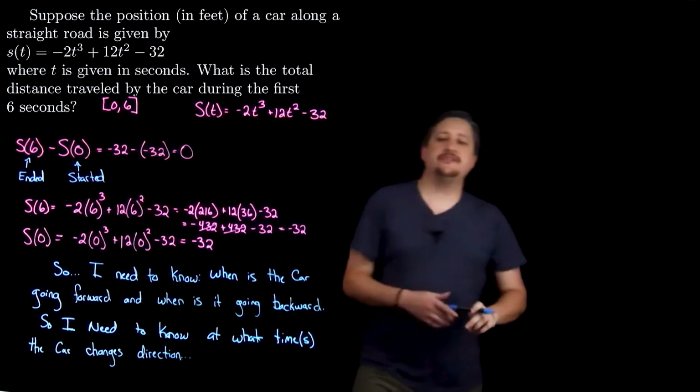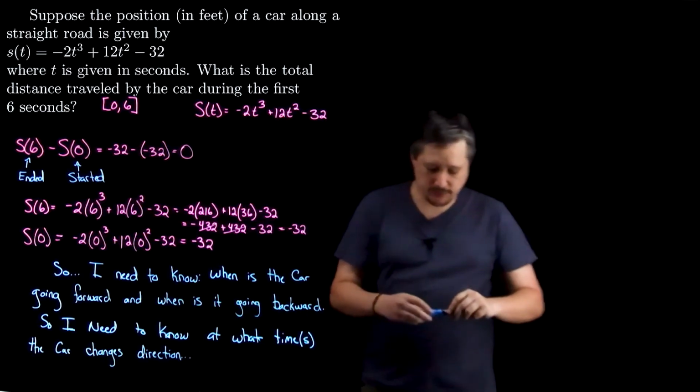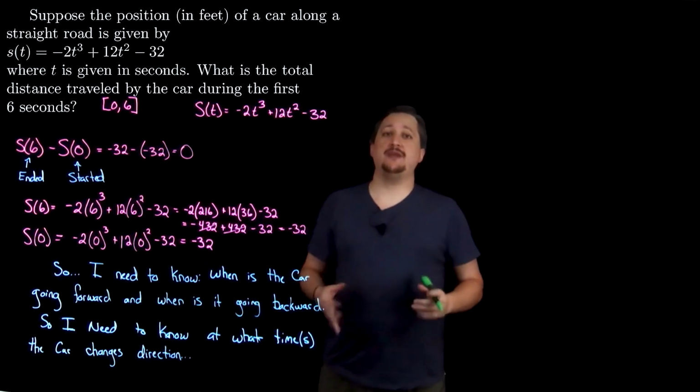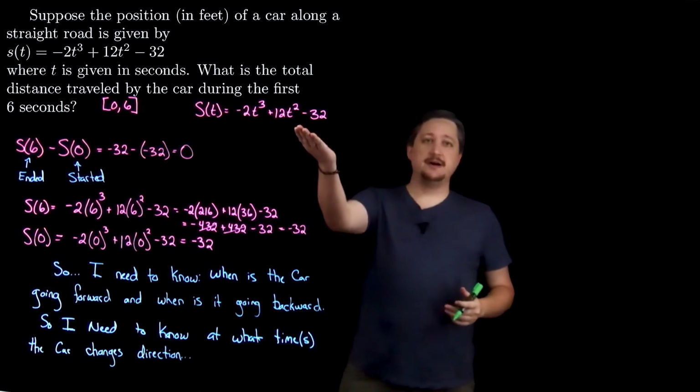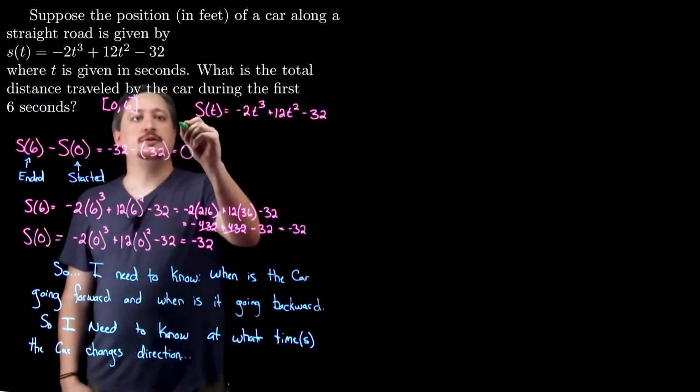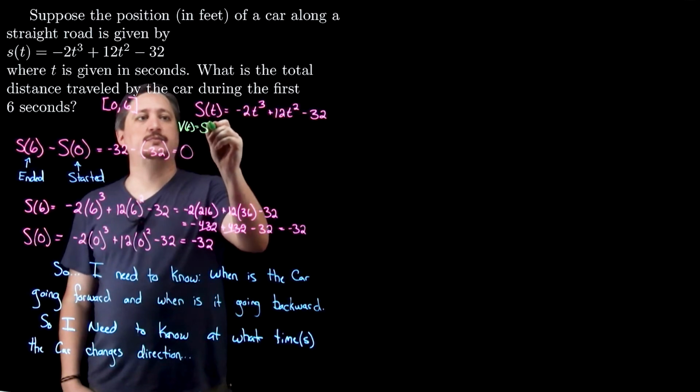Okay, so this is my goal then. So to figure that out, I need my velocity. I know that for sure. So I'm going to take my s of t function here, and I'm going to find velocity, which, if we recall, velocity, v of t, is s prime of t.